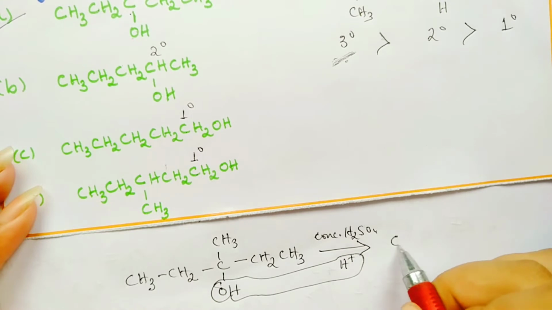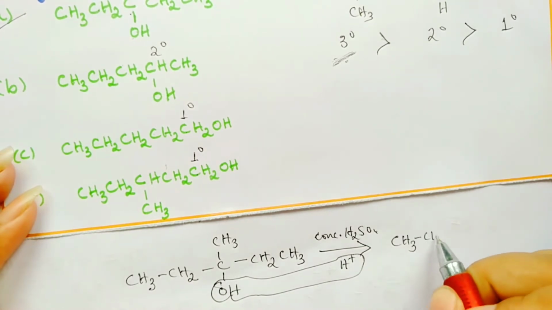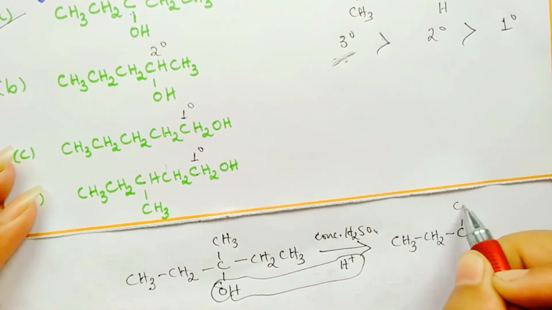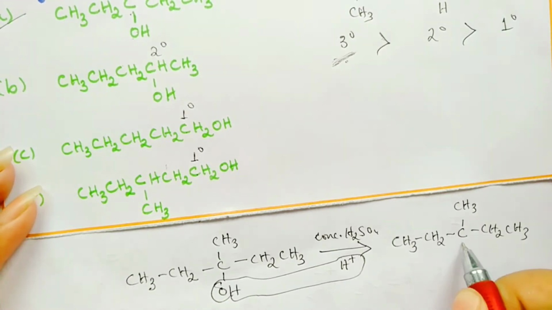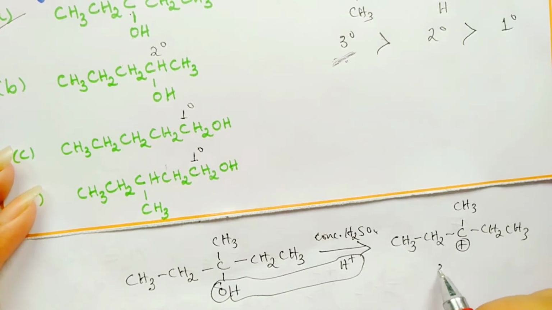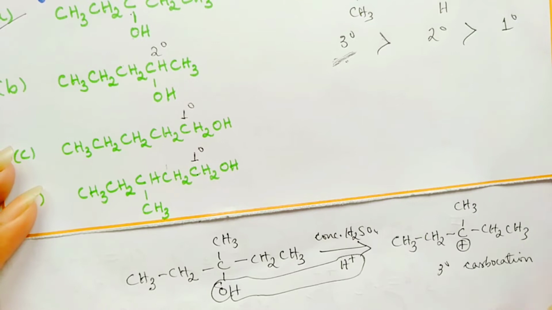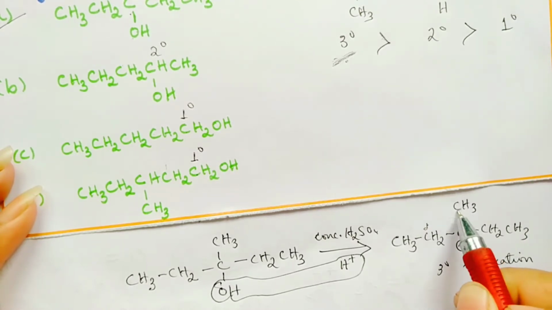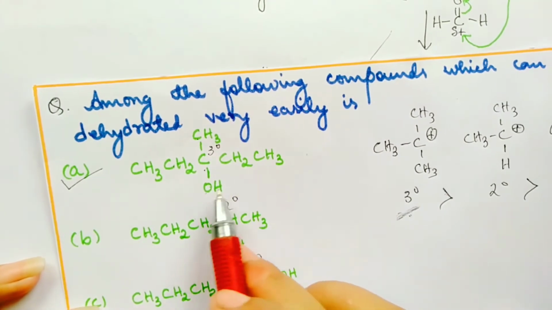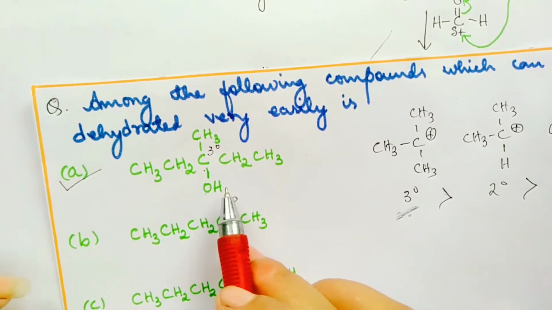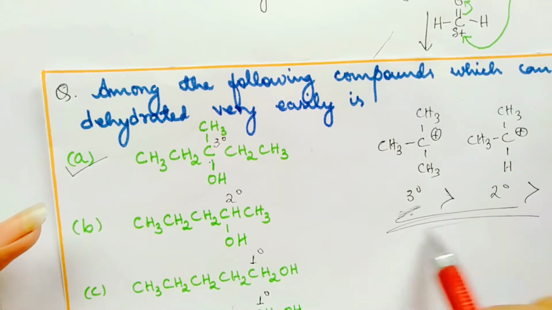That means there is an elimination of water molecule, and here you have a tertiary carbocation. Why? Because this carbon is bonded to how many? 1, 2, 3, right? So that's why this alcohol can be dehydrated very easily because of this.